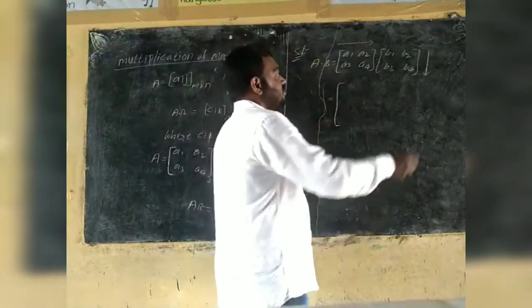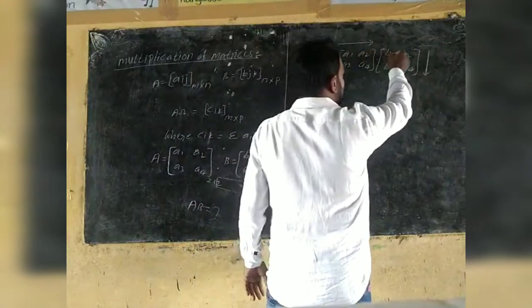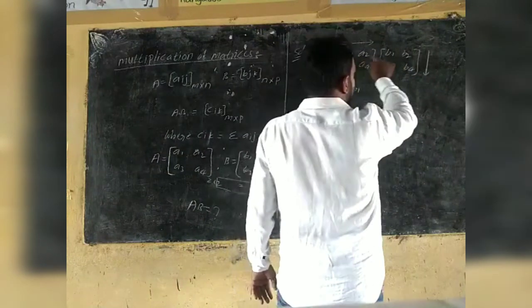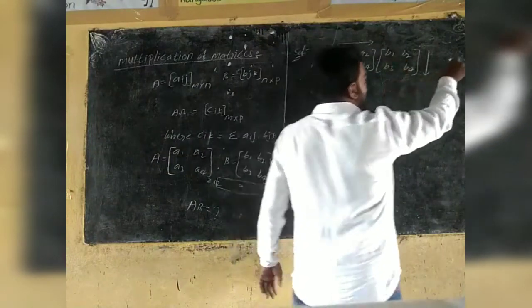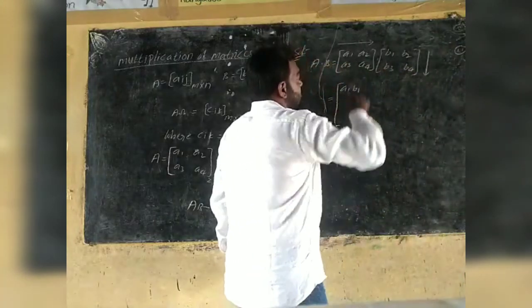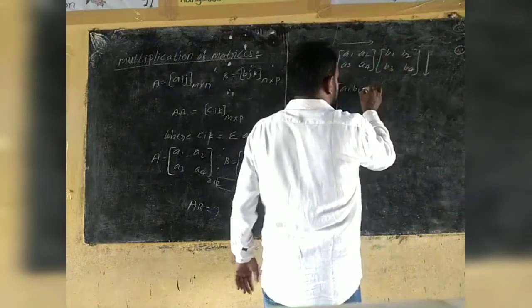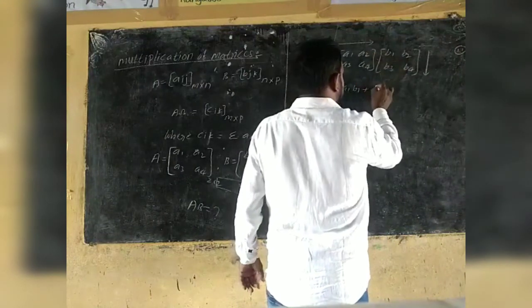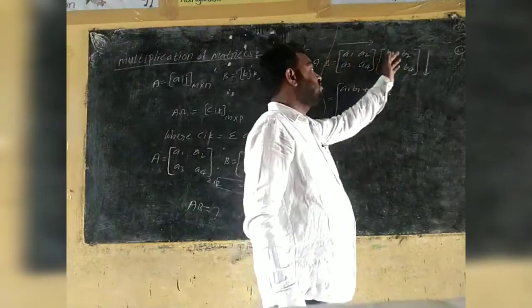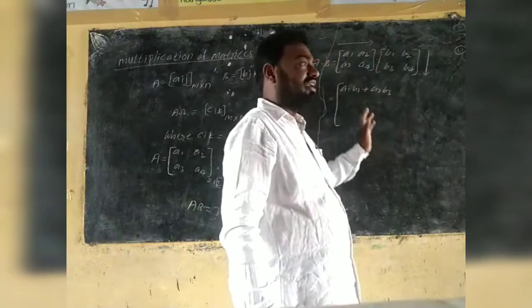Clearly observe. First row into first column: A1 into B1 plus A2 into B3. This is the first position element.